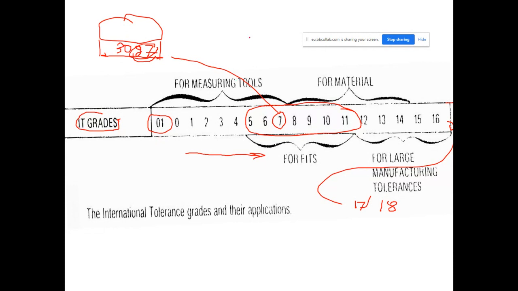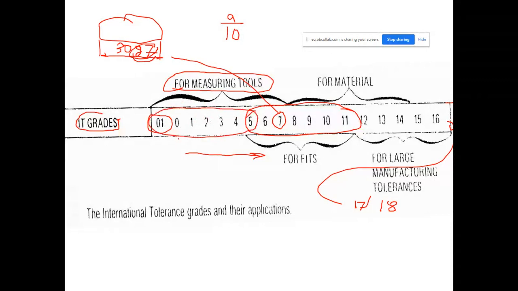Since the standard says that the manufacturing inspection instruments should be 10 times smaller than the tolerance of the features to measure, and since the deviation increases in this direction or decreases in the opposite direction, as written in the design and manufacturing of measurement instruments, we make the IT grade selection from this part of the spectrum.